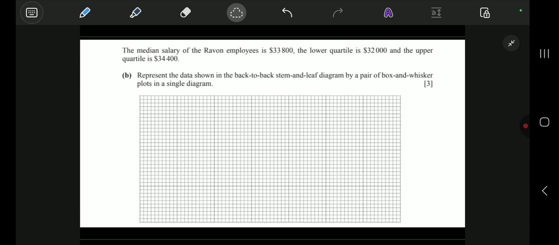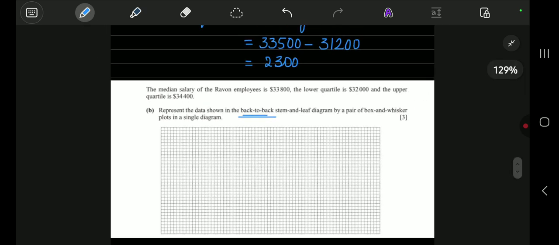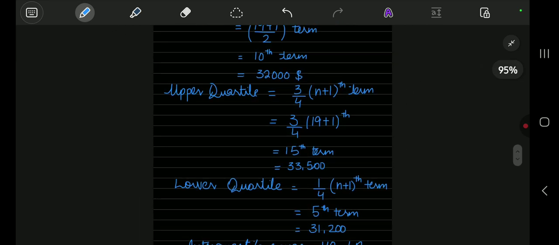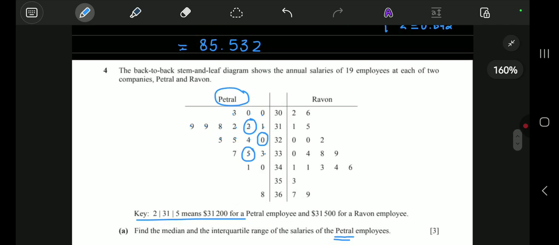As we have to make both, we have to plot for both of them. So look for the range that they have. For the Revon company, we have the range starting from 32,000 to 34,400.